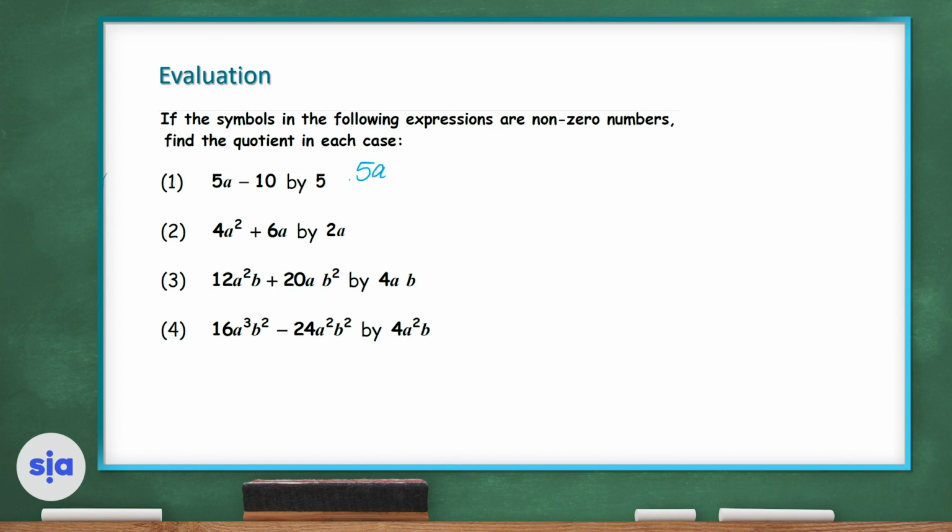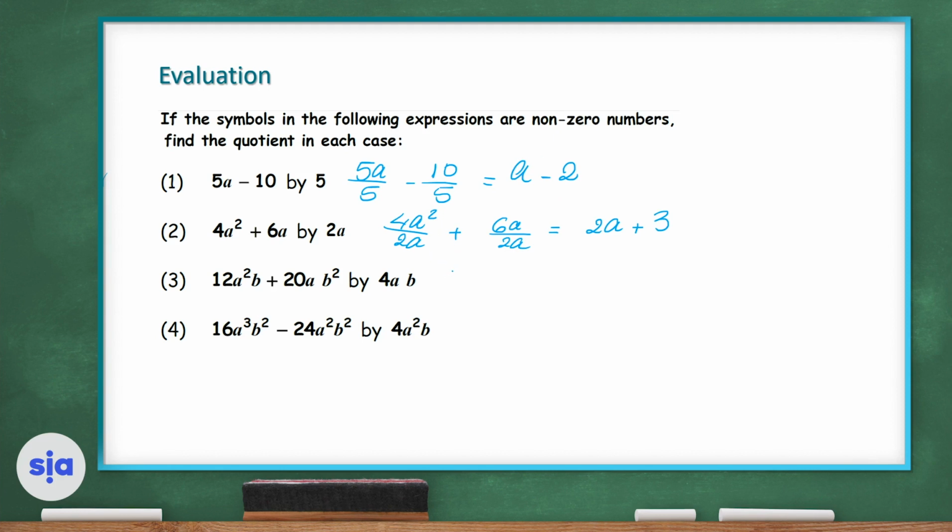5a over 5 minus 10 over 5. So the result here will be a minus 2. Question 2, 4a squared over 2a plus 6a over 2a. 4a squared over 2a, that's 2a, plus 6a over 2a, it is 3.